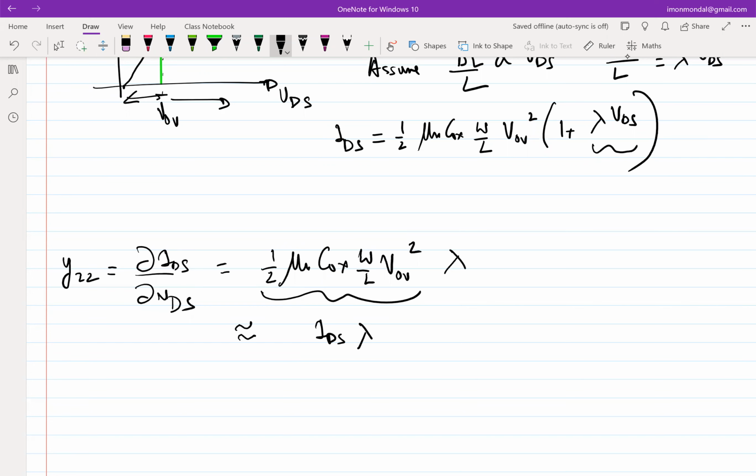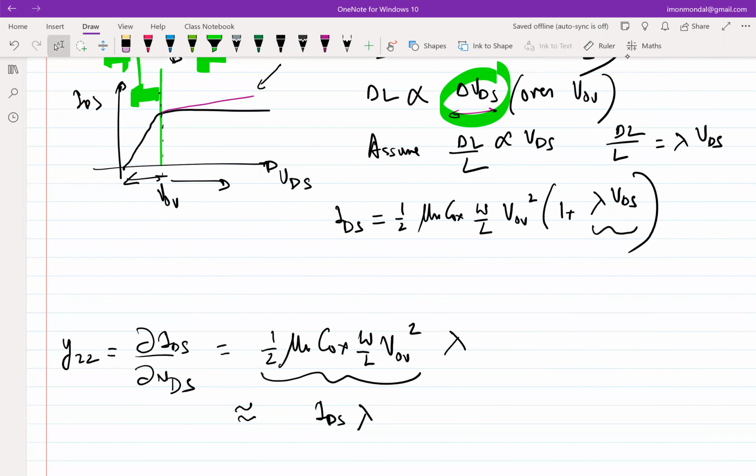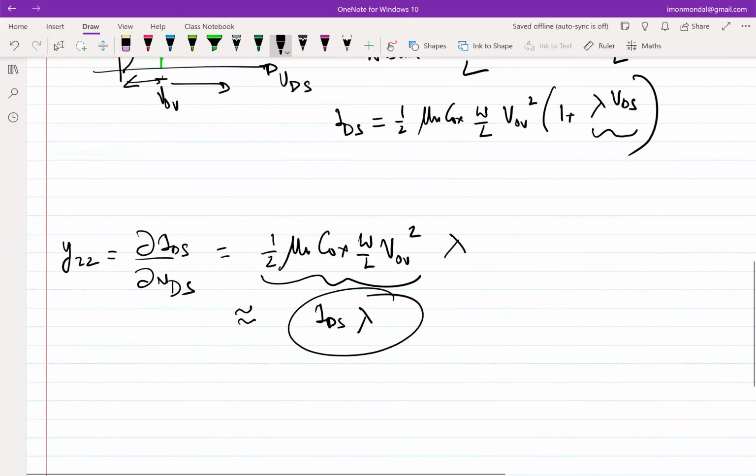So this is one of the reasons. The fact that we can do this is because we replace this delta VDS with VDS. If we had kept delta VDS, we would have had to come up with an extra V over drive term, and that would have made this expression of y22 slightly more complicated. So your y22 now is fairly simple, because you have to ultimately do some analysis and figure out how the device behaves.